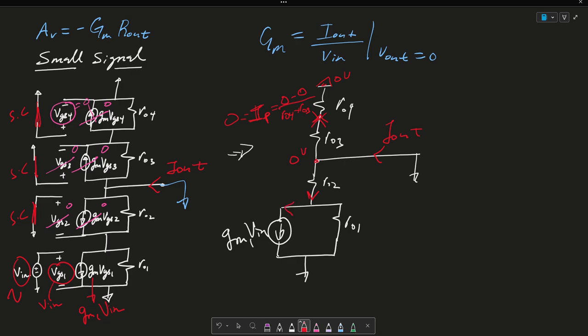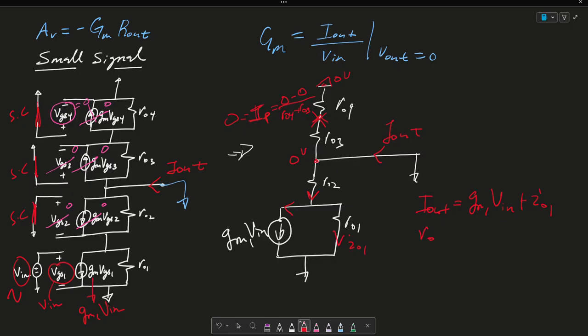So it's going to flow through this voltage controlled current source, and it's also going to flow through this RO1 value. Let me call this IO1. So then I out, we can say, is equal to GM1 times Vin plus IO1.